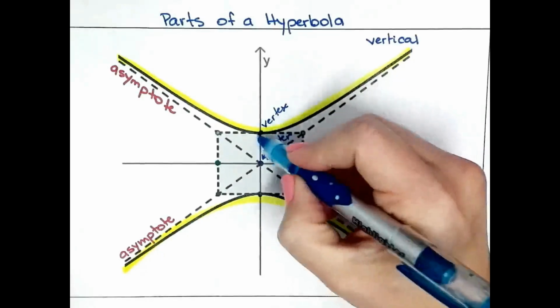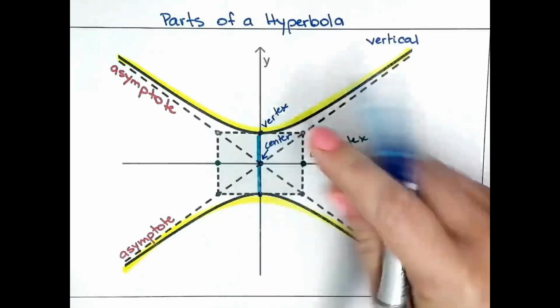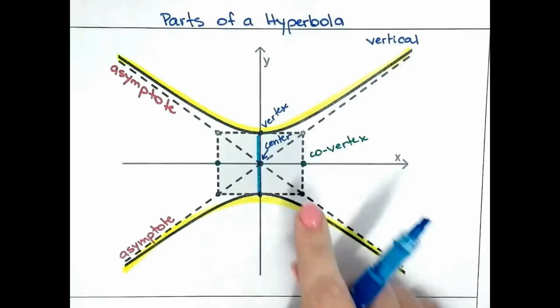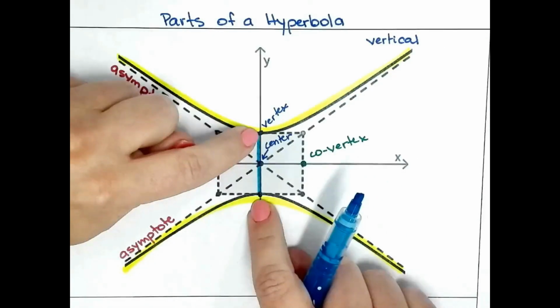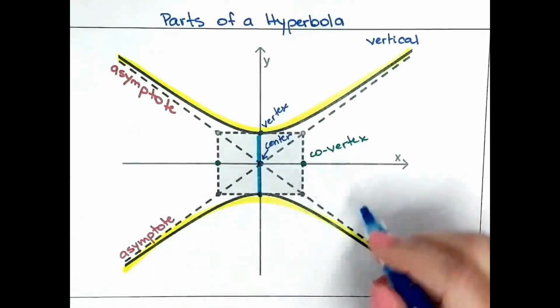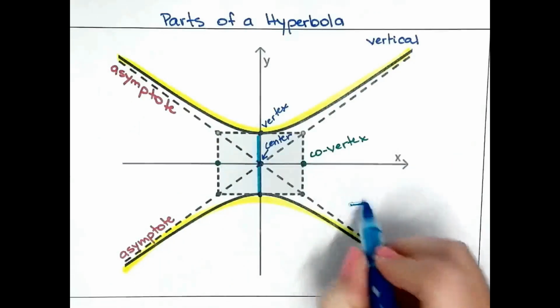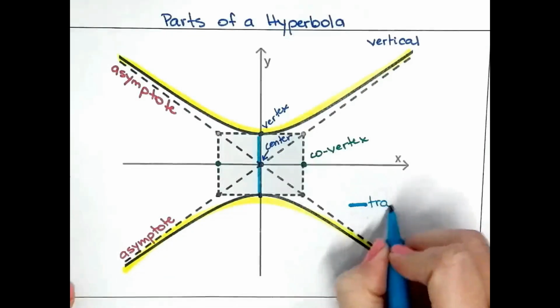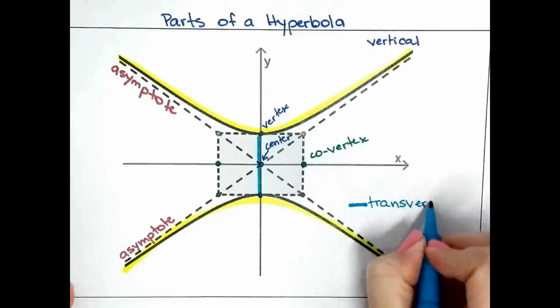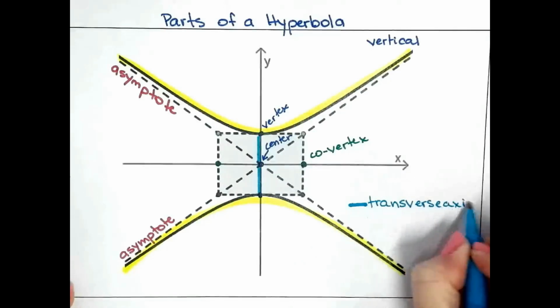So right there, not connecting. So the distance between the vertex and the other vertex, so the distance between the two vertices is called transverse axis. So right there in blue is our transverse axis.